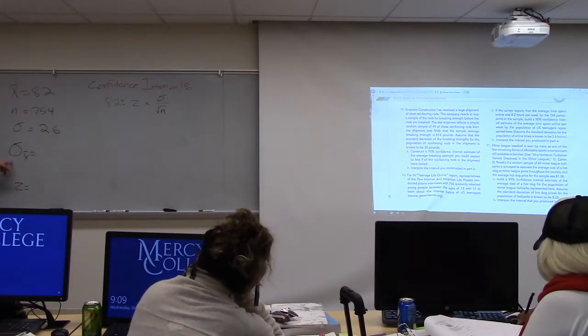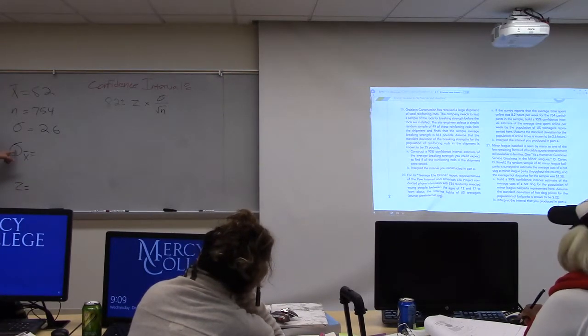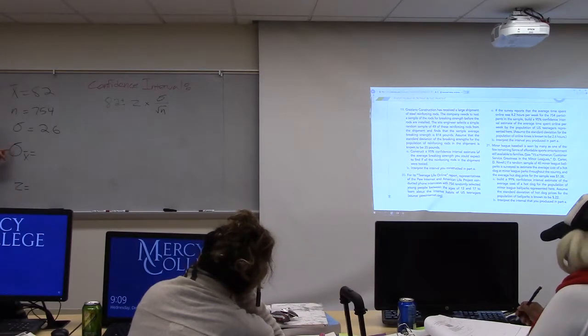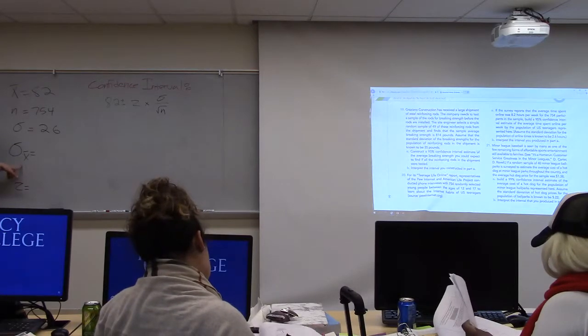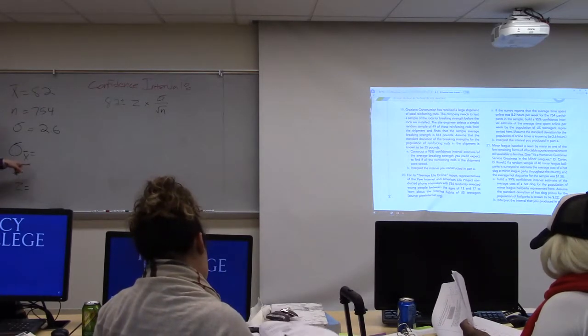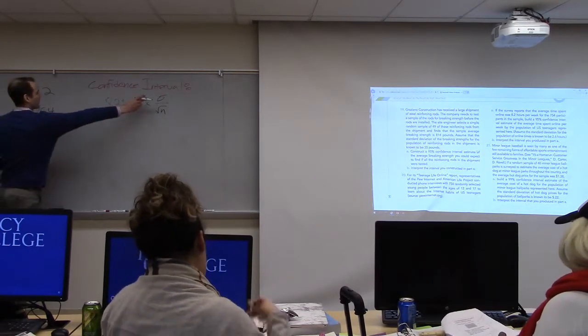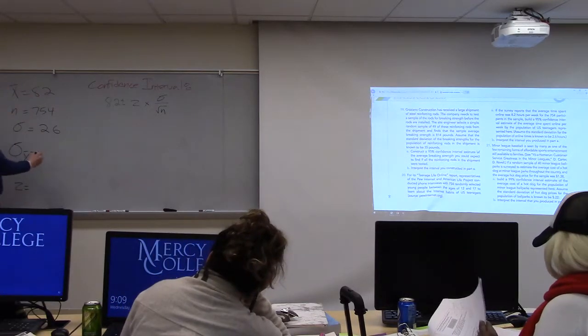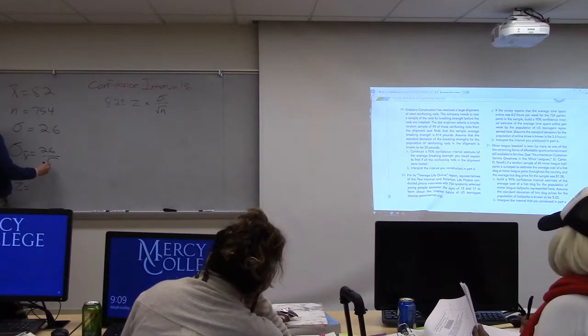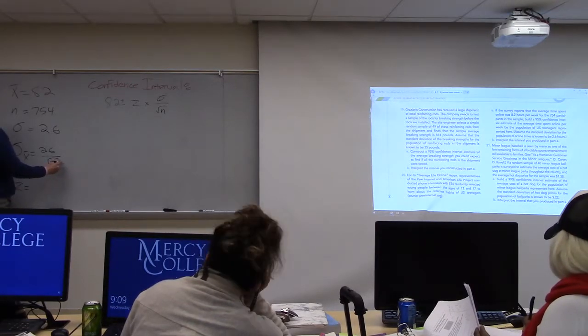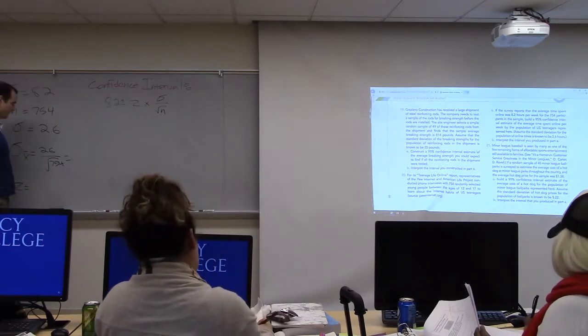And actually, before we find that standard error, somebody read this to me. What's the long name for standard error? Standard deviation of the sampling distribution of the sample mean. Yes, perfect. And that is calculated as population standard deviation divided by the square root of n. So that's 2.6 divided by the square root of 754, which equals what?